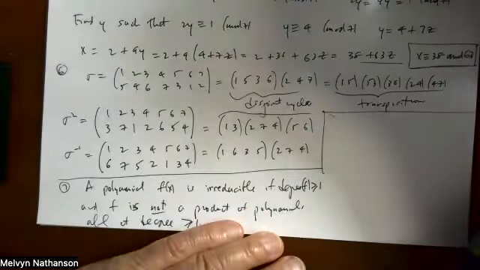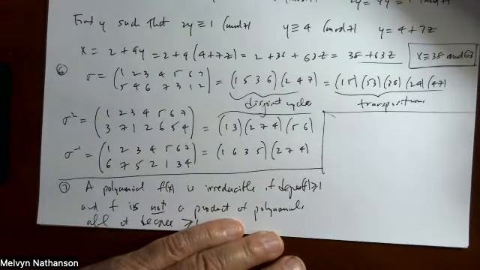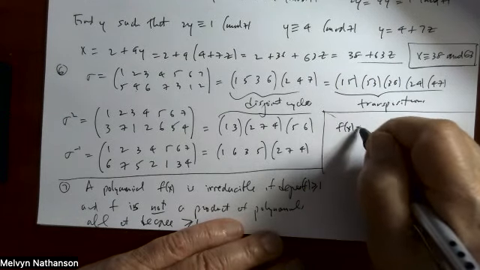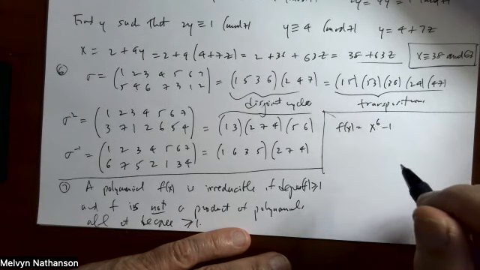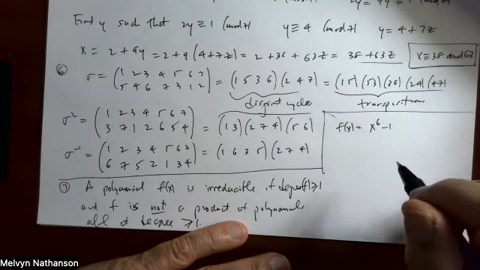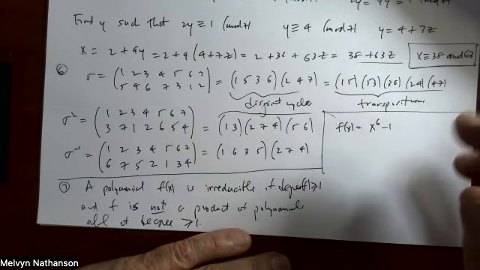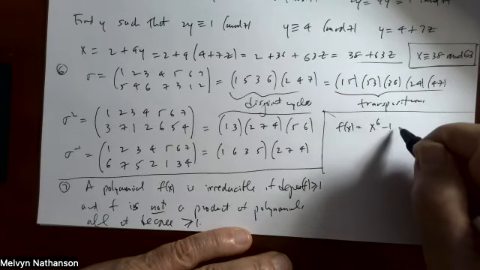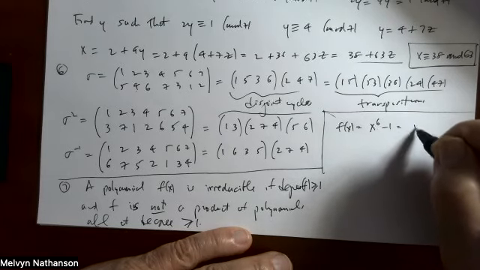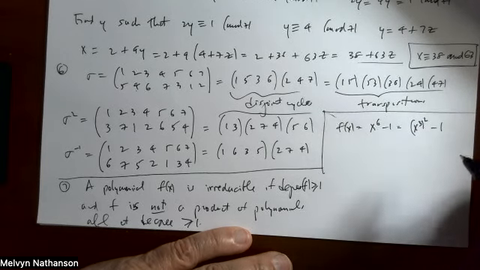So for example, if we take the polynomial f of x equals x to the 6th minus 1, this is not irreducible. It factors. You can factor it in many different ways, but if you want to factor it completely, that's going to be unique up to the order of the factors. So you could think of this, for example, as x cubed squared minus 1.